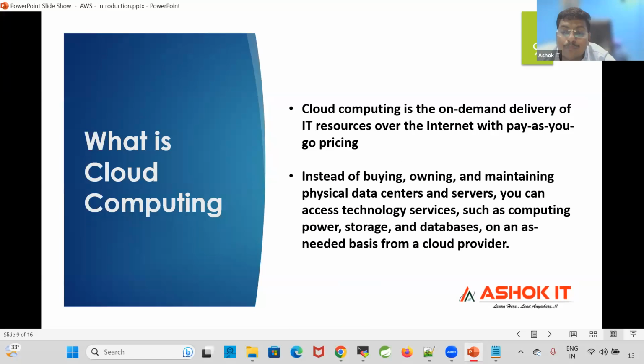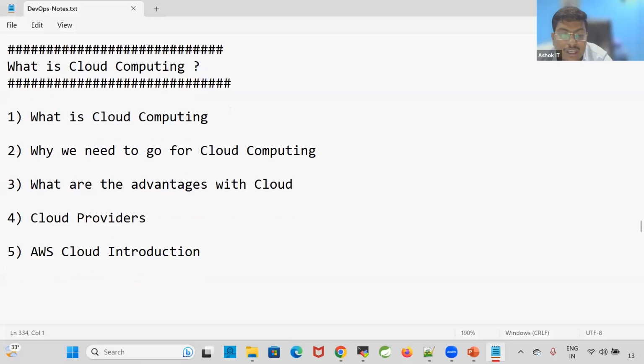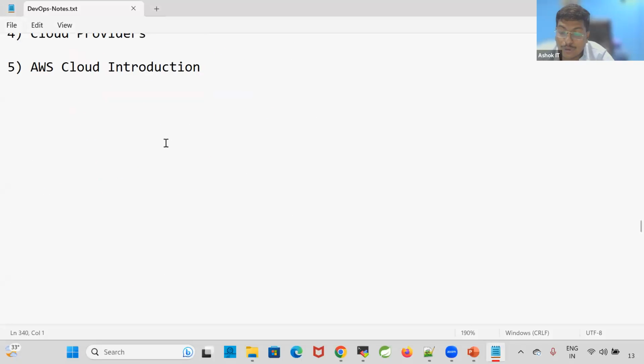So what is cloud computing? Cloud computing is the process of delivering IT resources over the internet. Instead of purchasing and maintaining the infrastructure ourselves, we can take the infrastructure for rent. That is called cloud computing. So what is the meaning of cloud computing?